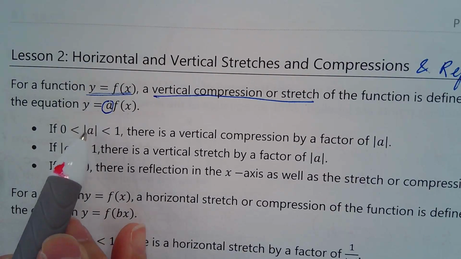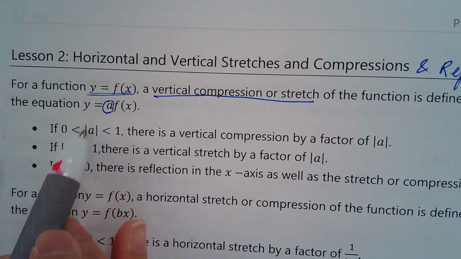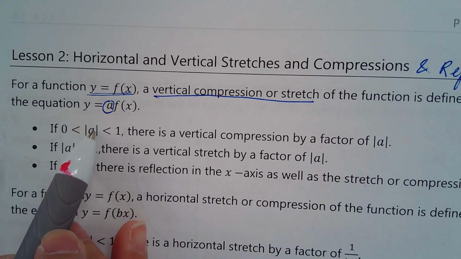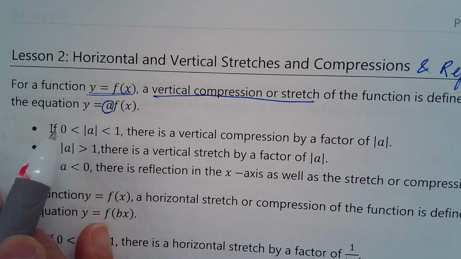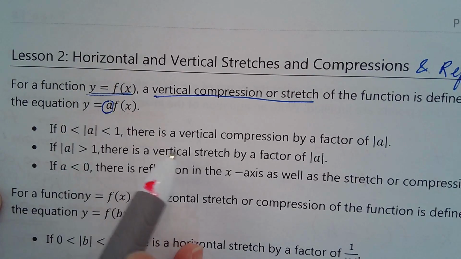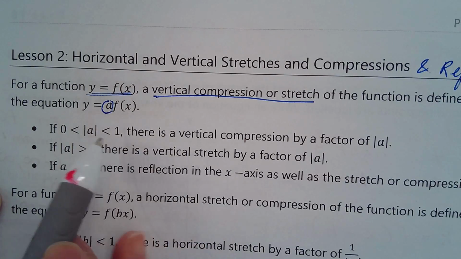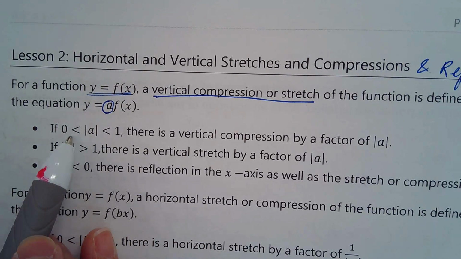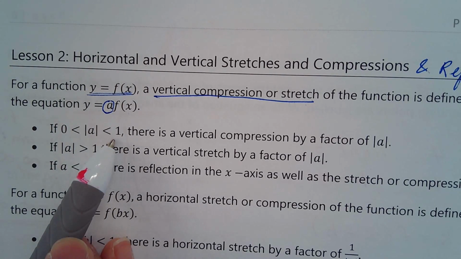So it says here, if the absolute value of a, what does absolute value of a mean? We're only going to take the positive value of a, right? If it is between 0 and 1, there's a compression. Can you think of a number between 0 and 1? 0.5, right?